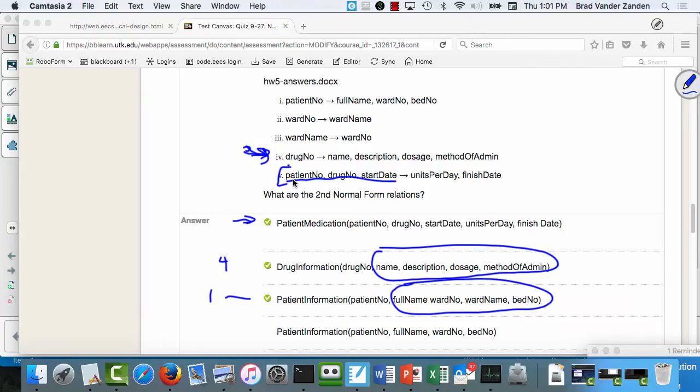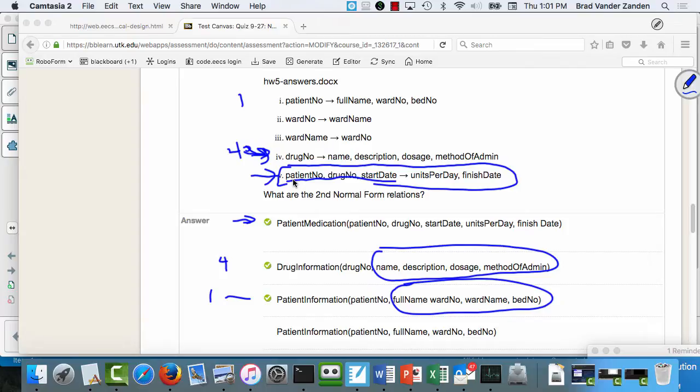So what they're really saying is that this is a partial dependency for patient number and drug number. And therefore, the real partial dependency they're eliminating is this one. And they're doing it by eliminating the 2 full dependencies that can kind of be factored out. Okay? That's the best explanation I can give for what the book is trying to talk about.